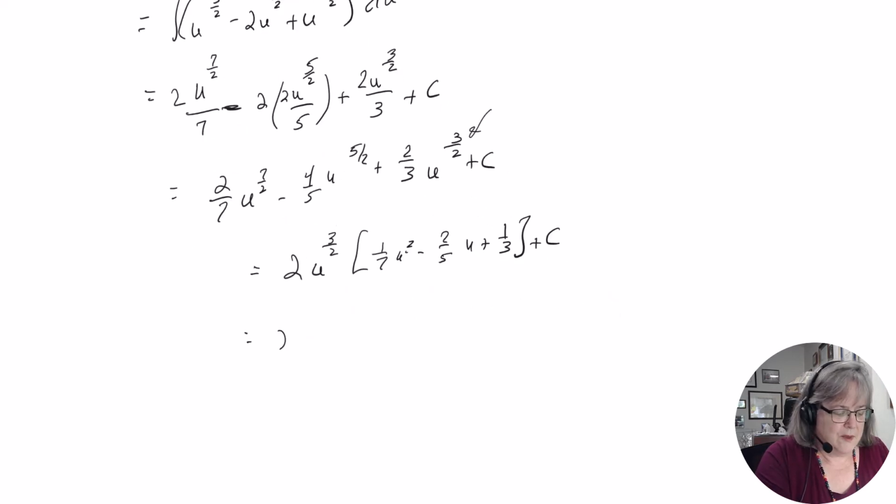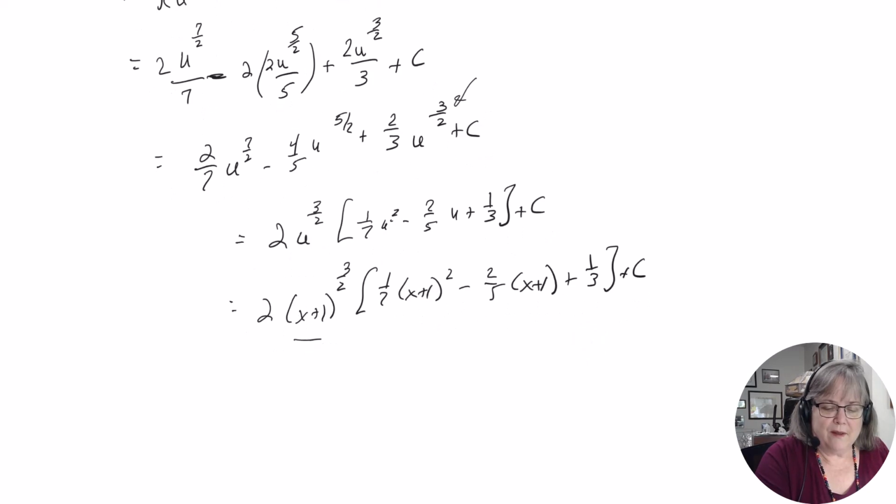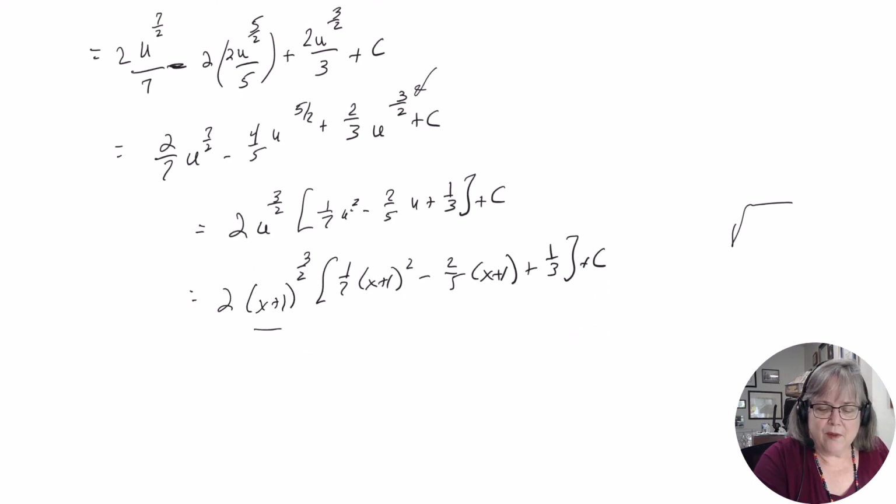So this turns out to be 2 times x plus 1 to the 3/2, times 1/7 x plus 1 squared minus 2/5 x plus 1 plus 1/3, plus c. And this x plus 1 to the 3/2 is actually the square root of x plus 1 cubed. And so this is actually x plus 1 times the square root of x plus 1, because 2 goes into 3 once with 1 left over.